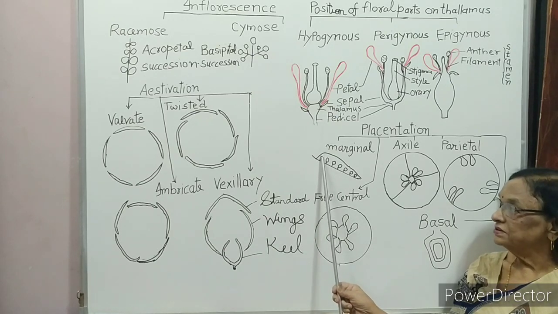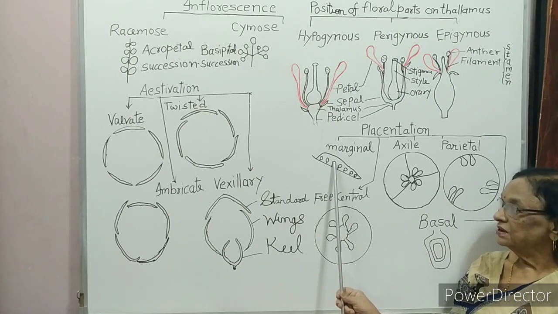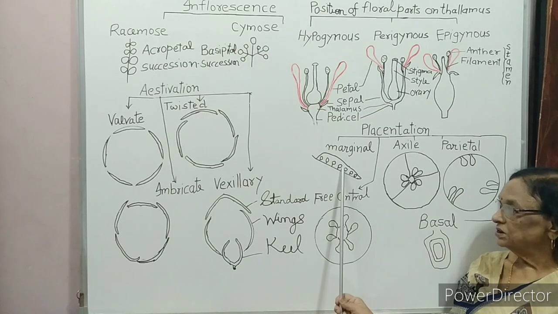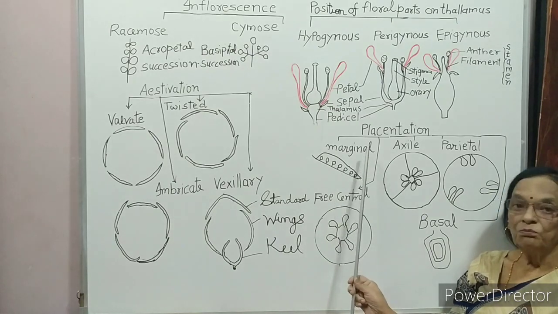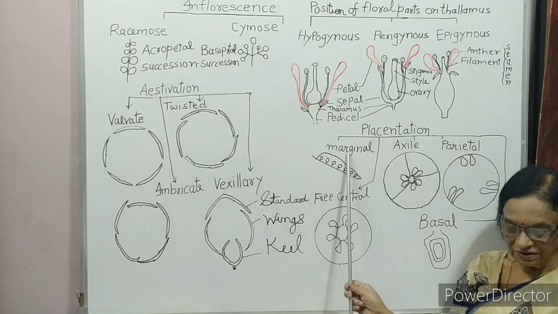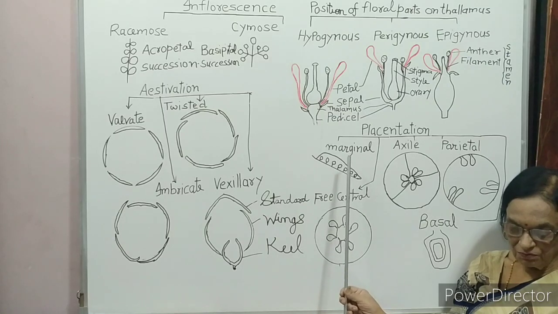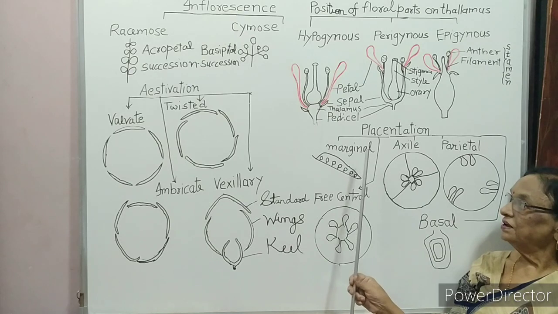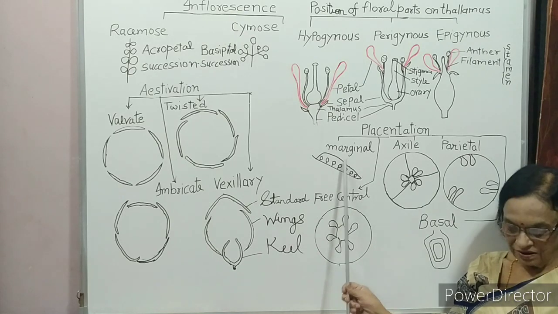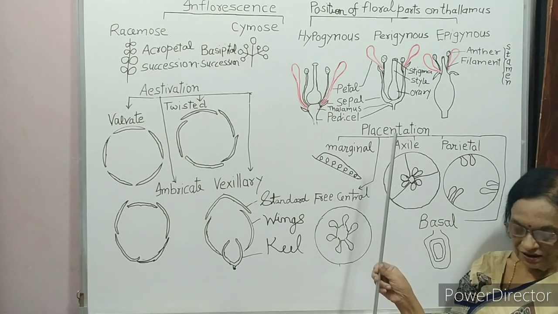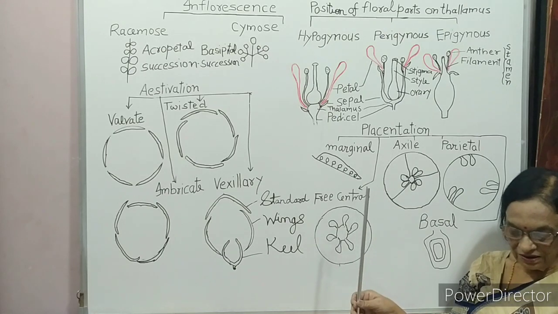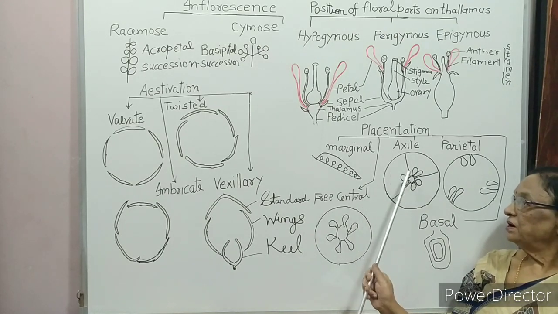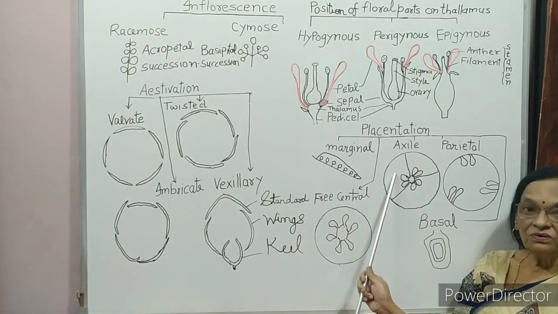If ovule arise from the margin of the ovary, it is called marginal placentation. Marginal placentation is seen in pea plant. Axile: in axile placentation, the ovary is multilocular.